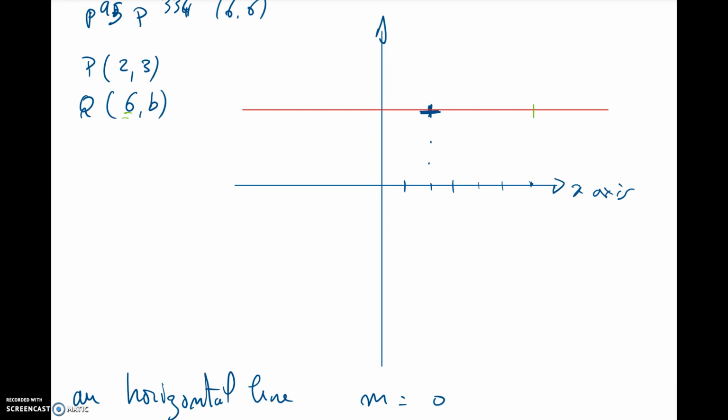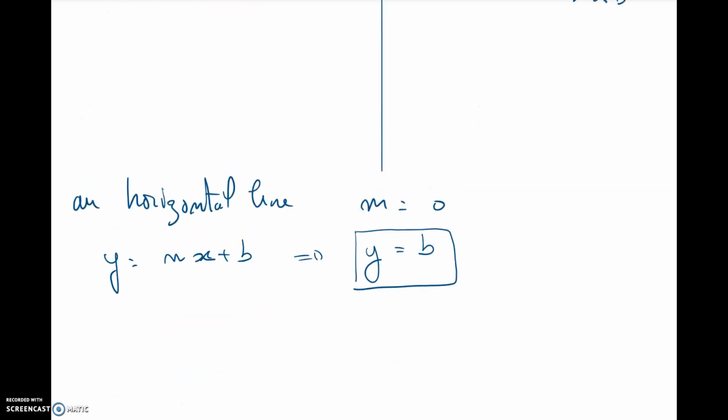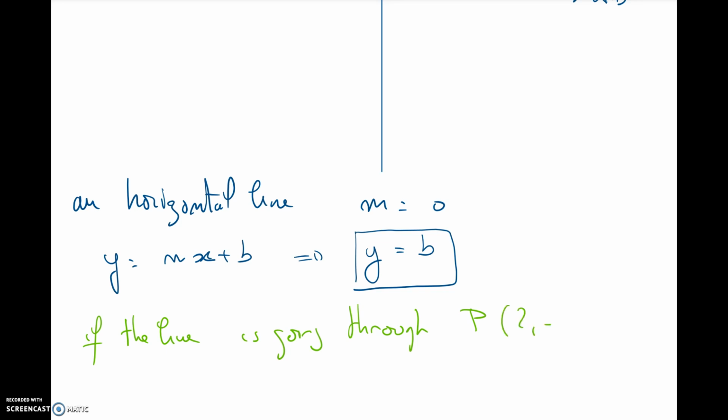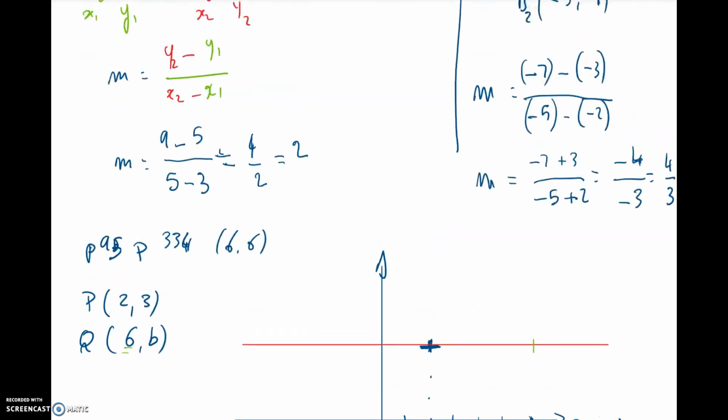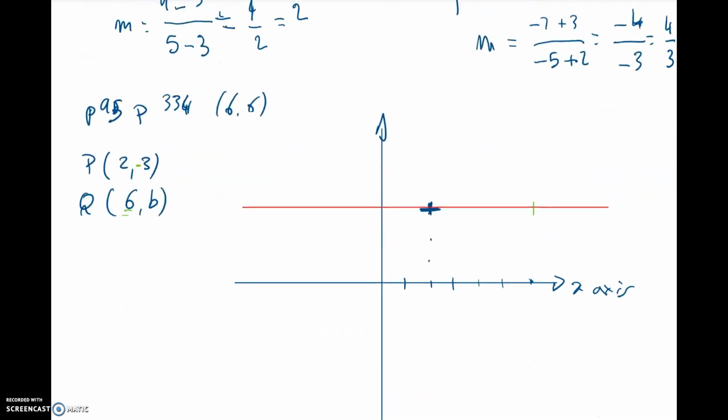Does that make sense? Now, the line is going through the point P with coordinates 2, actually it was 2, -3. I'm sorry, it was 2, -3, so my line should have been below.